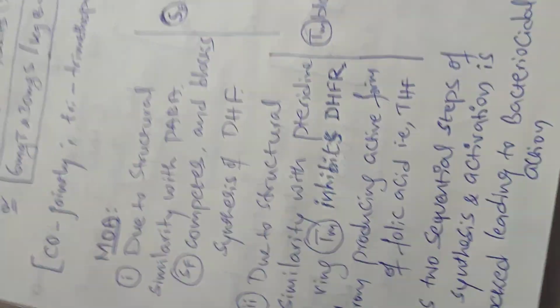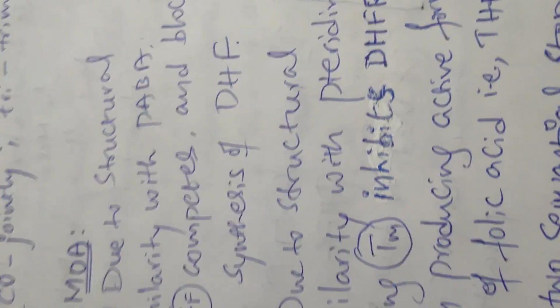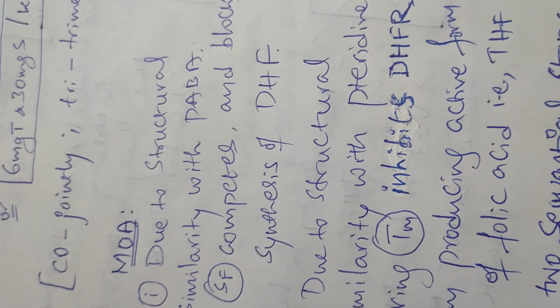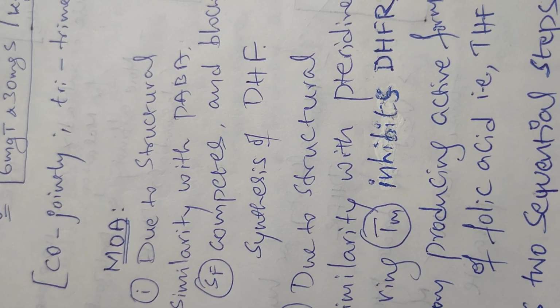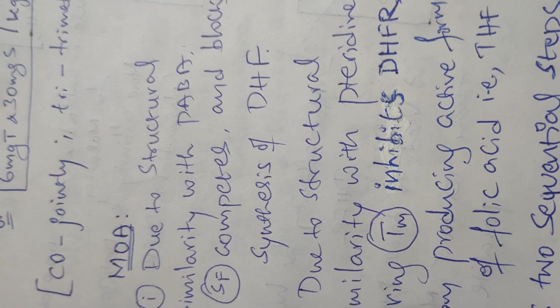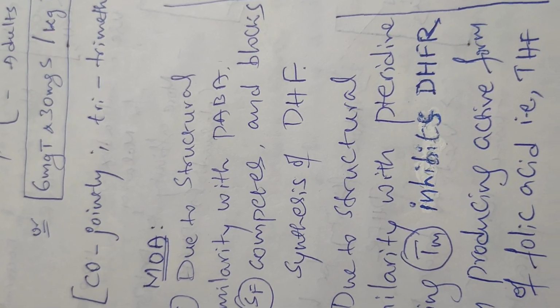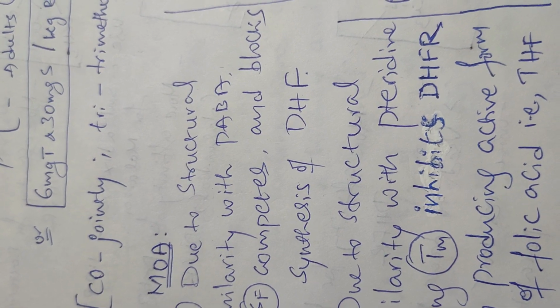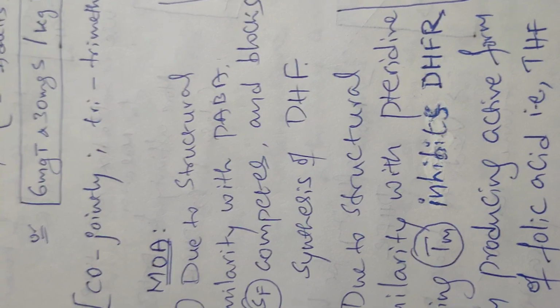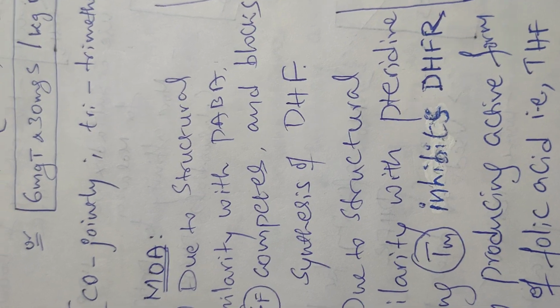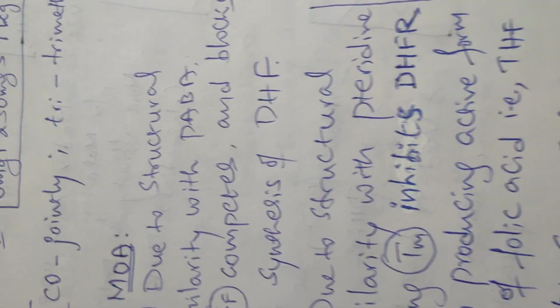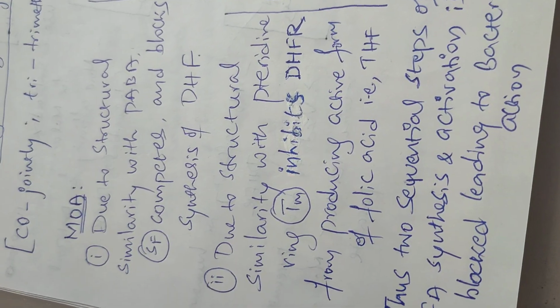Right. Now let us concentrate on the most important aspect, that is the mechanism of action of cotrimoxazole. Friends, you see here the mechanism of action. Due to structural similarity with PABA, sulfonamides compete with it and block the synthesis of dihydrofolic acid. Yesterday only we made it clear. Now let us come to today's compound, trimethoprim.